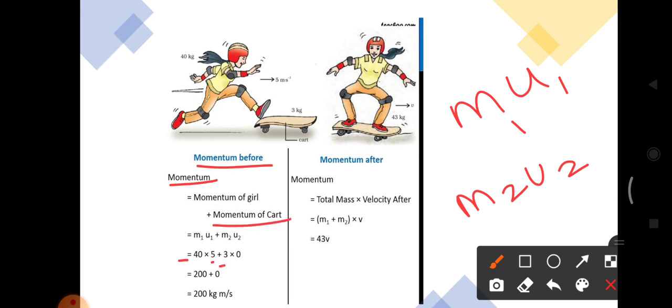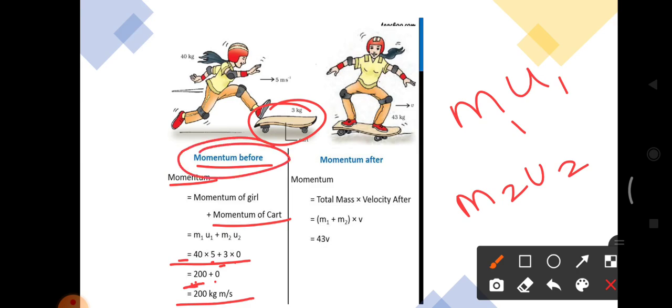The mass of the cart is 3, but initially there is no movement, so the velocity is 0. 40 into 5 we get 200. 3 into 0 we get 0. So 200 plus 0 we get 200 kilogram meter per second. So the momentum before is 200 kilogram meter per second.